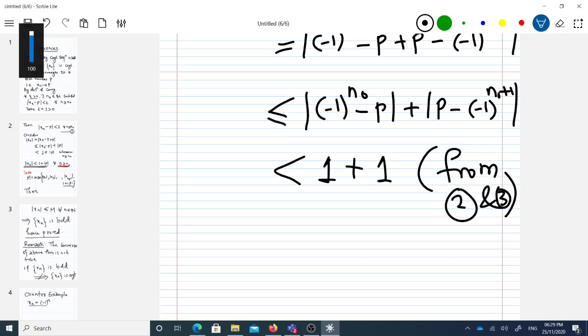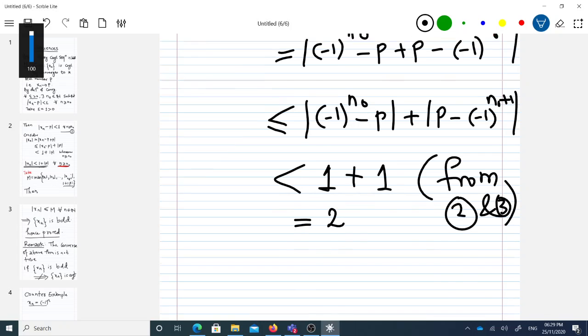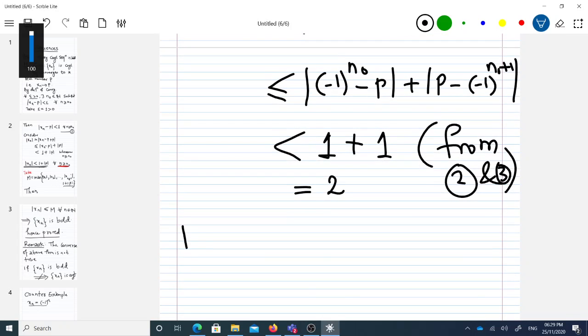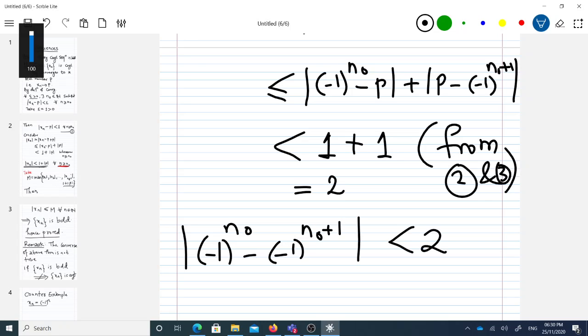So basically I have shown that modulus of (-1) to the power n naught minus (-1) to the power n naught plus 1 is less than 2.